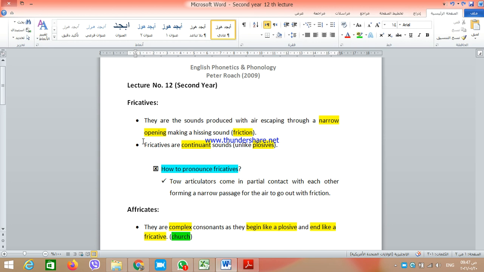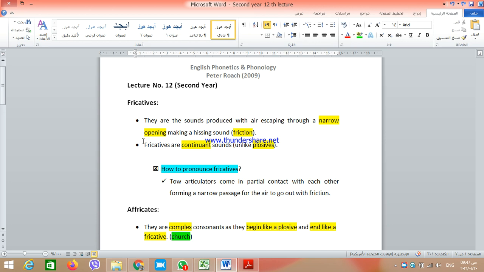Unlike obstruents, just like plosives, in which the air passage is stopped somewhere at a certain point. So with continuous sounds, the sound goes on or is being produced as far as we have air in our lungs. But with plosives or obstruent sounds, the air is stopped.